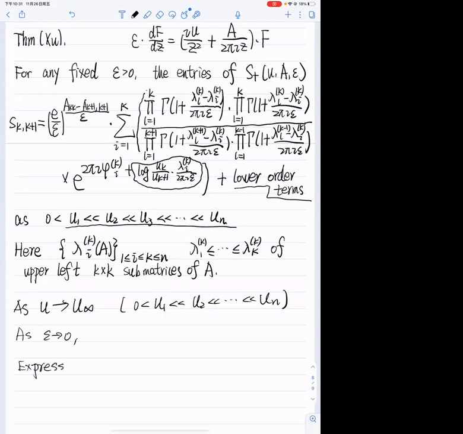What I gave is the expression of the leading term of the Stokes matrix at u infinity. Let's denote this limit by U infinity of A, in terms of Gelfand-Tsetlin variables. And furthermore, as epsilon goes to 0, we see that these things are constant.